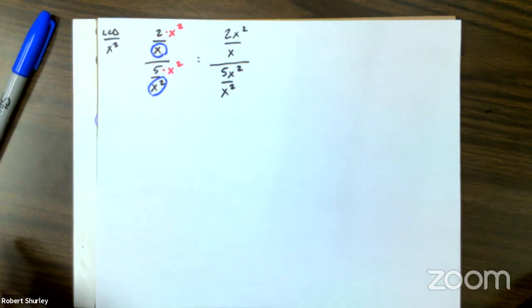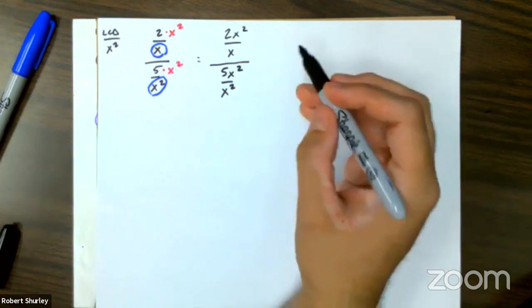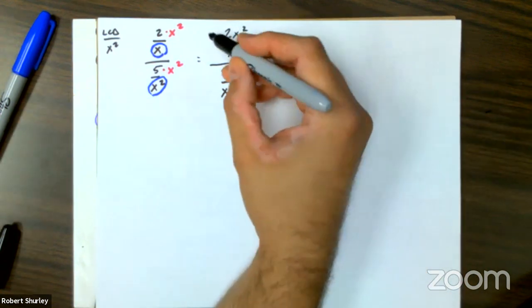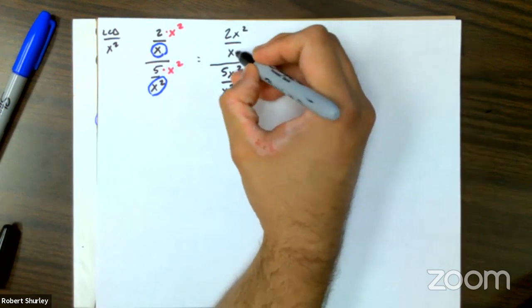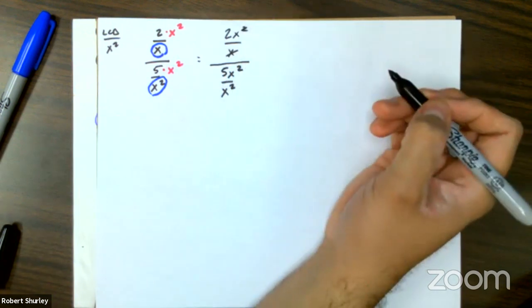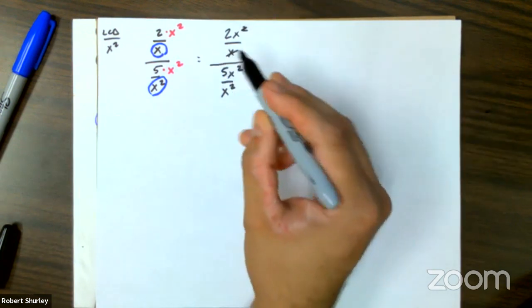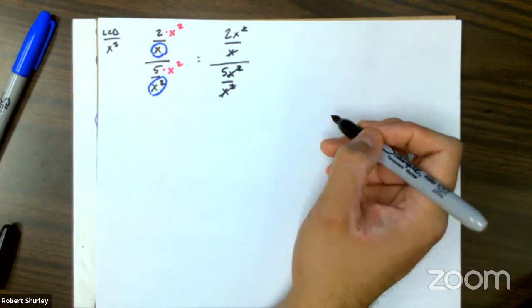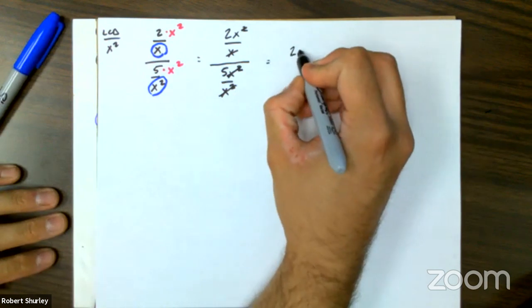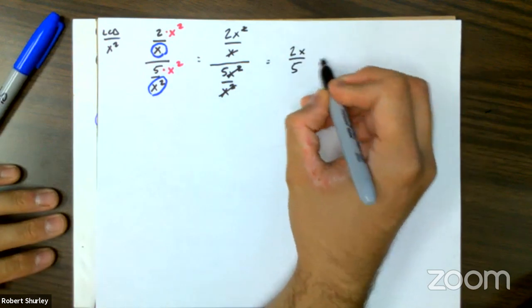Okay, 5x squared divided by x squared. And what happens is the x squared and the x cancel, right? If we look at just this numerator from a simplification standpoint, this x would go away and it would leave us with the x in the numerator. In the denominator, this x squared would cancel with that x squared. So we're left with 2x over 5.